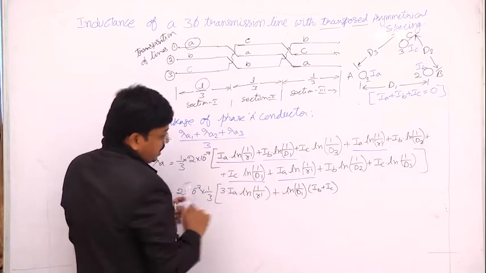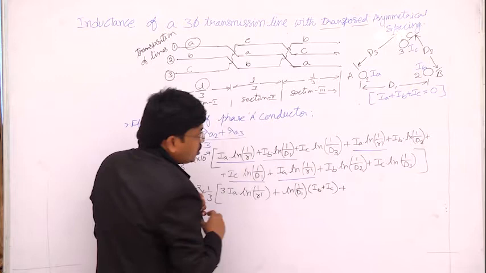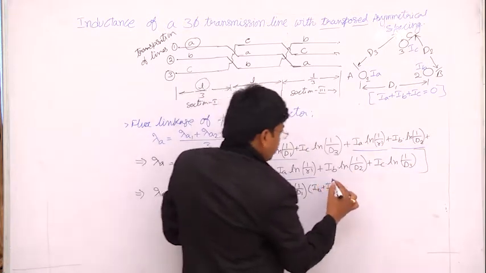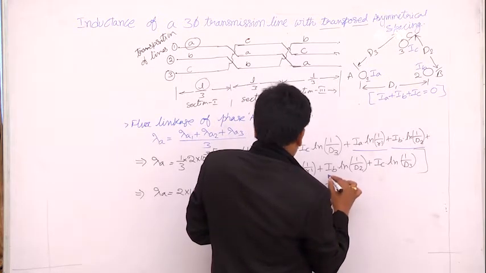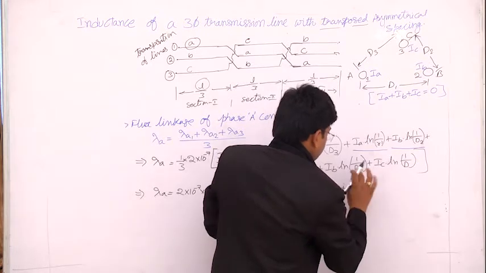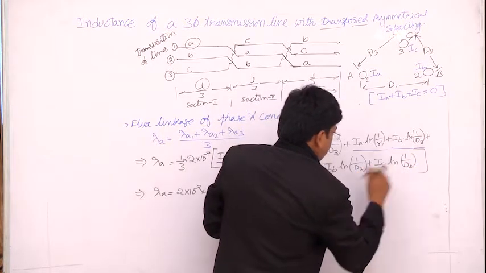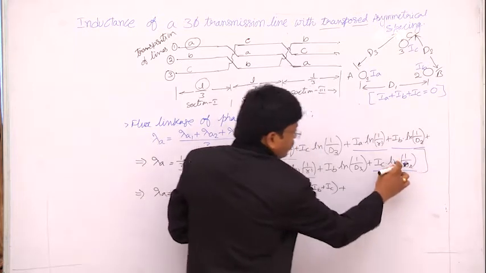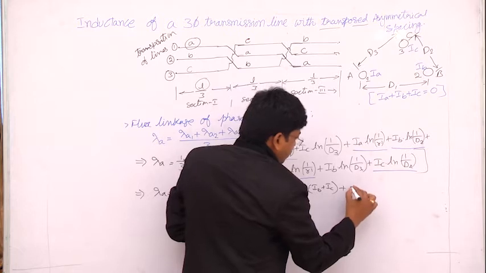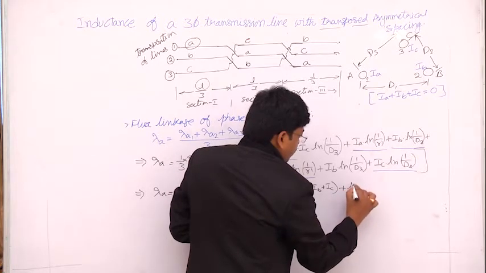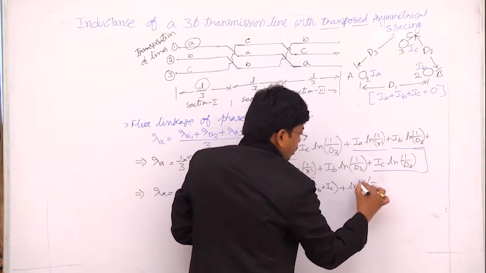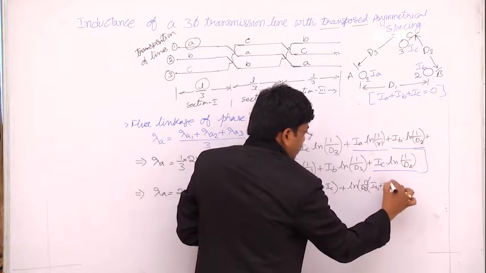Similarly, if you observe the fifth term, that is IB into logarithm of 1 by D2, and here IC into logarithm of 1 by D2. From these two terms, if you take logarithm of 1 by D2 as a common factor, we get IB plus IC.